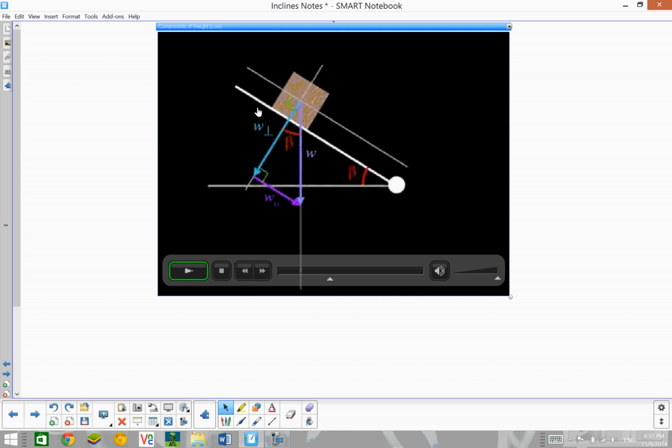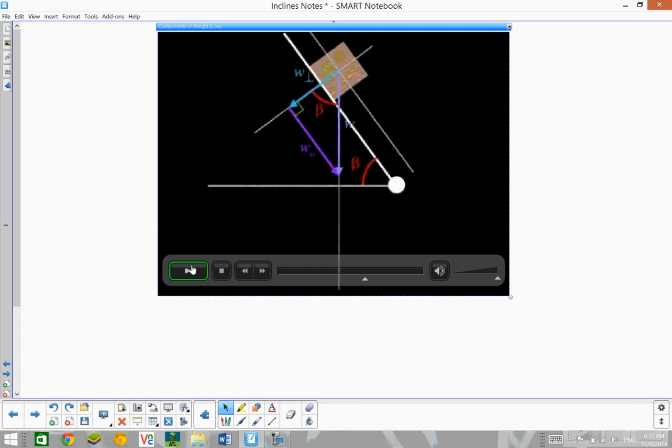However, at shallow angles, it doesn't slide with a very large rate. Its acceleration is actually pretty low because that parallel component is much smaller than the actual weight itself. But as the incline's angle gets larger, that parallel component also gets larger, and the acceleration of the object increases.